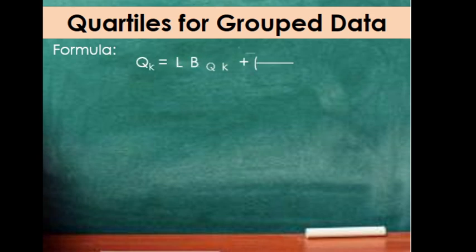So the formula is Q sub k is equal to lower boundary sub Qk plus quantity k times n over 4 minus less than cumulative frequency, all over f sub Qk, or the frequency of the quartile class, times i, or interval.